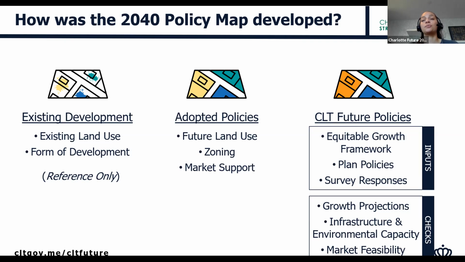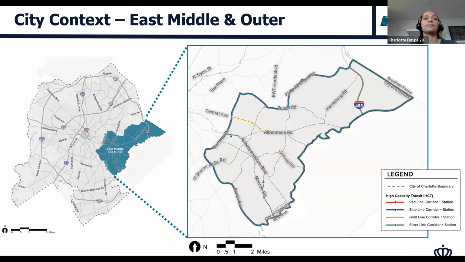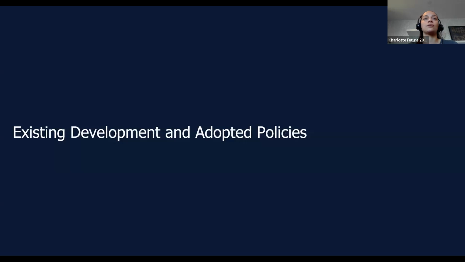We used some growth projections, which we can cover for this geography. So we used infrastructure and environmental capacity, and then we used market feasibility. So this covers your east, middle, and outer geography. And we can go right into the existing and adopted policies and what that looks like for this map.